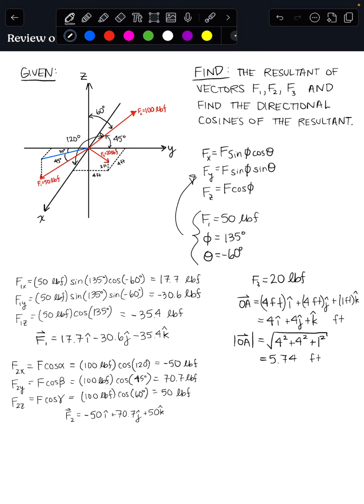But what we need now is this unit vector OA, which is going to be equal to our original vector OA divided by the magnitude that we just found.